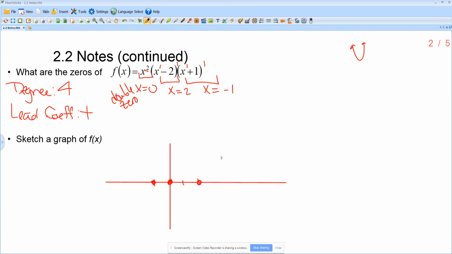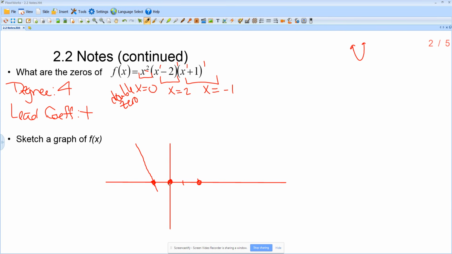Remember, there's something unique about that. So things that have an odd degree, we pass straight through them. So if I'm sketching this graph, notice it's supposed to rise on both sides. So I'm going to start here. I'm allowed to pass through this, and I sort of missed it, so I'm just going to start over. Don't worry, I'm not changing anything, just my art skills. I am allowed to pass through that.